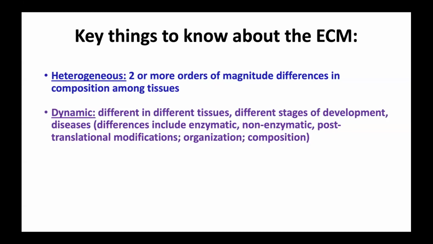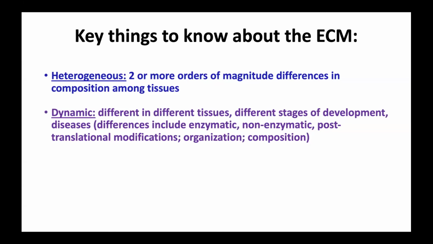It's also incredibly dynamic. Not only is it different in different tissues, but the ECM changes at different stages of development. It changes in diseases. And these differences include things like post-translational modifications, so how the ECM is getting connected to itself and to other components of the ECM, how it's organized and what it's composed of.